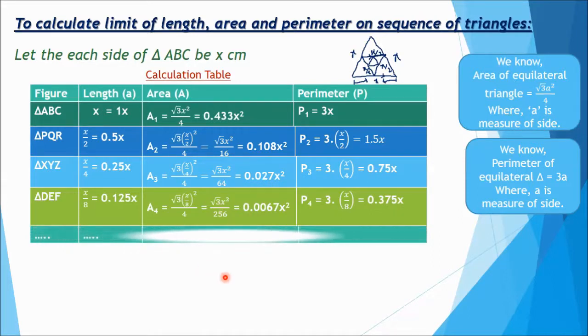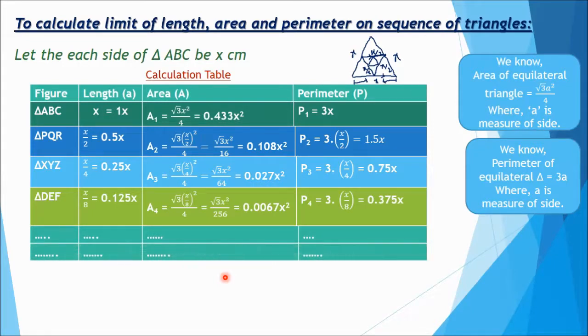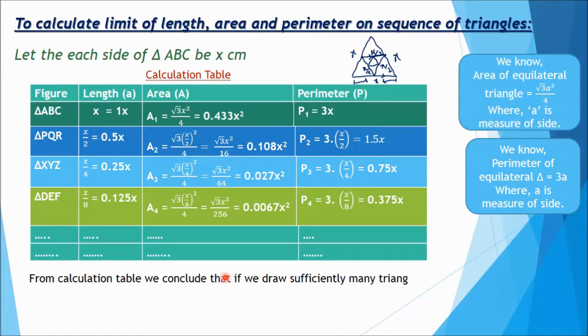Now if we continue to draw the figure by taking the midpoint of each triangle, then from the calculation table we can conclude that if we draw sufficiently many triangles by taking midpoints, then finally we will reach at a point that the length of our last triangle will approach towards a fixed value, isn't it?